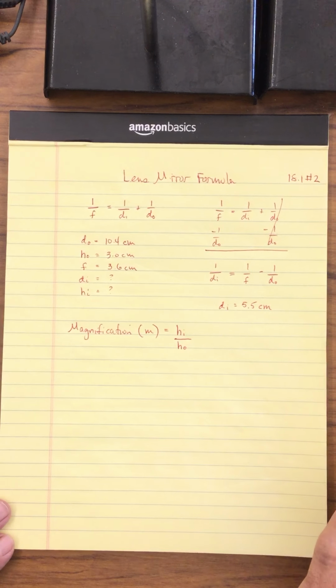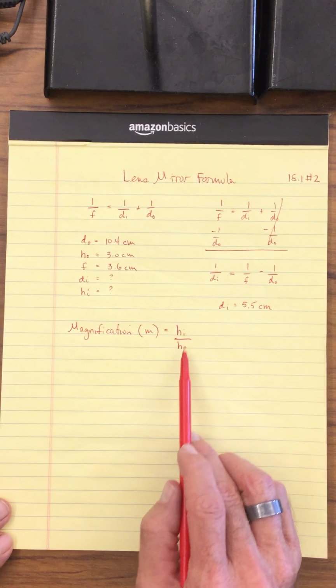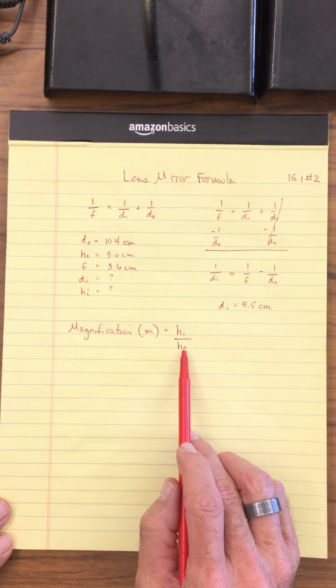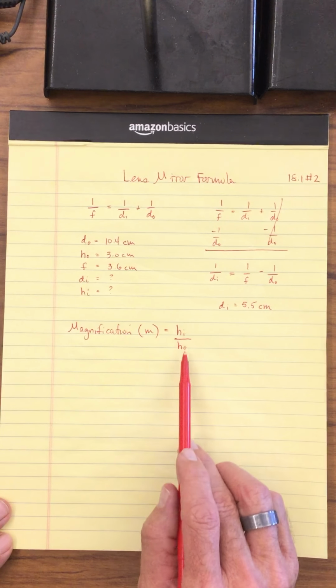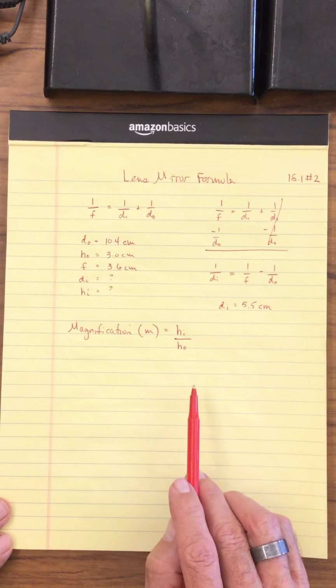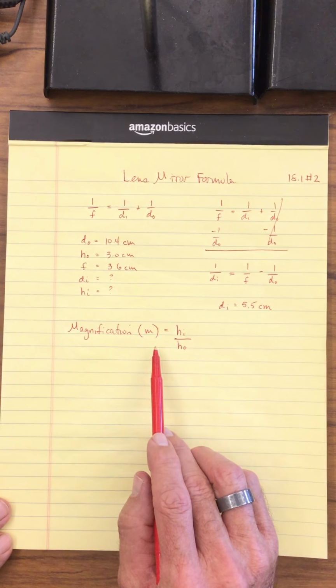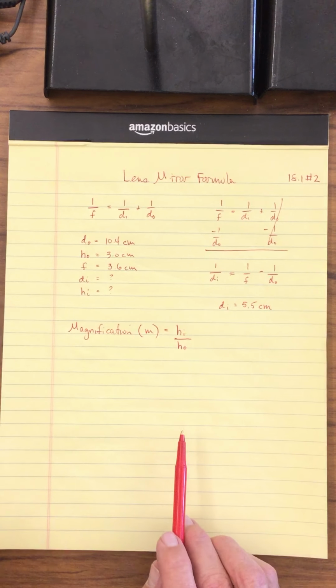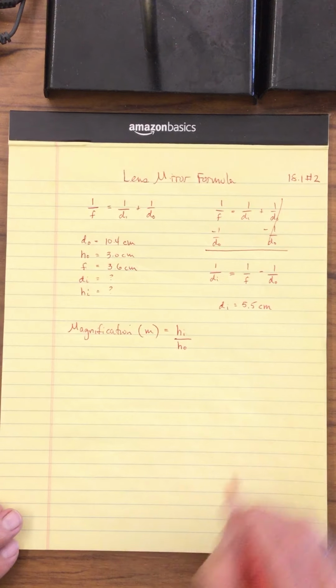Okay, so let's look at this formula. Meaning, if my image is larger compared to my original, let's say it's twice as large. Let's say my image is 4 centimeters when the original object was 2 centimeters. That means my magnification is a factor of 2. 4 divided by 2 is 2. It's 2 times as large.